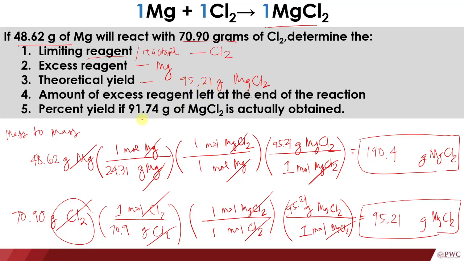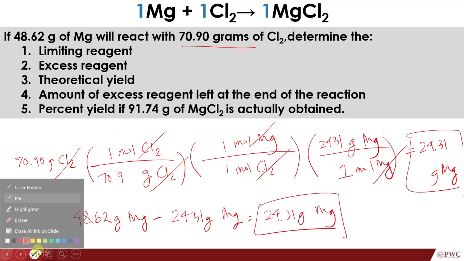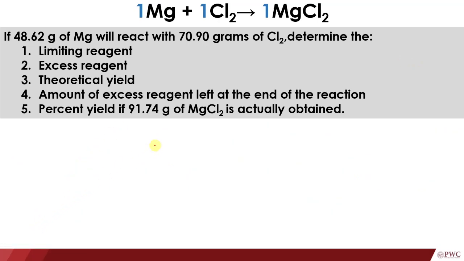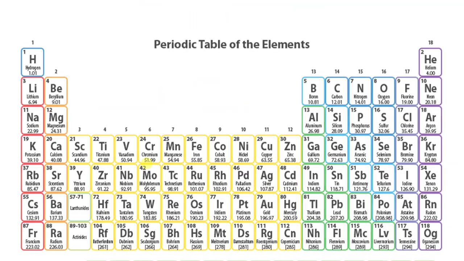And on this problem, it states: what if we can only produce 91.74 grams of MgCl2? What's the percent yield? The percent yield is the percent between the actual yield over the theoretical yield. So again, the theoretical yield is 95.21.